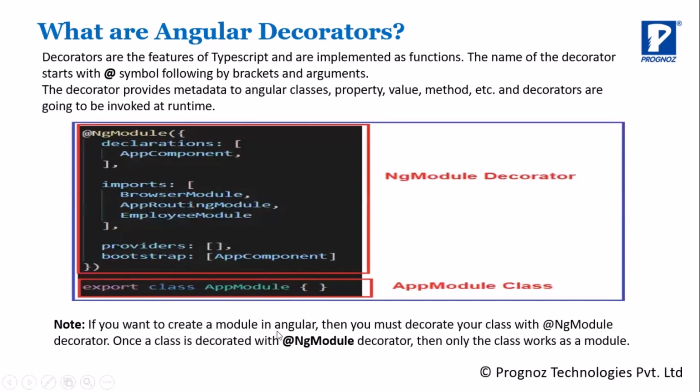And if you want to create a module in Angular, then you must decorate, or you have to start with the @NgModule decorator. Once a class is decorated with the NgModule decorator, then only the class will work as a module.